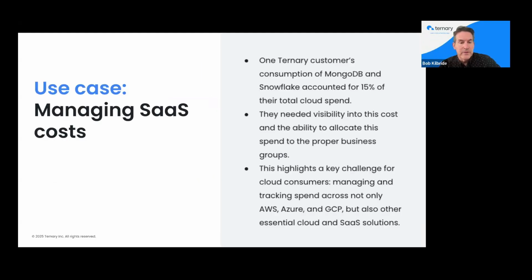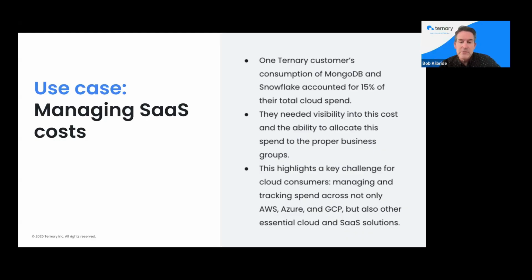And an example of a use case, we had a customer at Ternary who was, I believe, an AWS user mainly, but multi-cloud, but also MongoDB and Snowflake. And that MongoDB and Snowflake usage accounted for 15% of their total cloud spend.